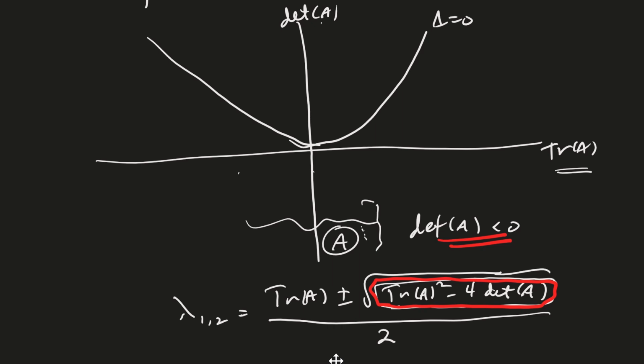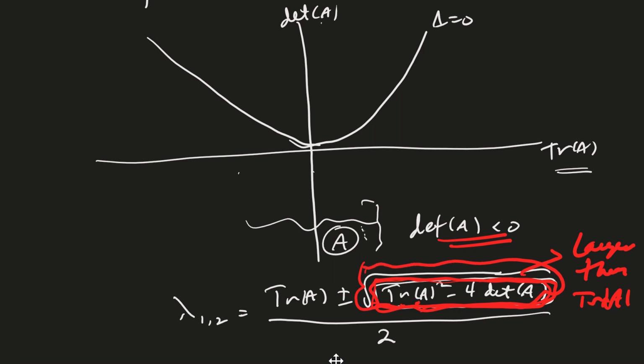If the determinant is negative, that means that the expression in the square root is bigger than the trace of A squared. And so therefore the square root of this quantity is going to be larger than the trace of A.